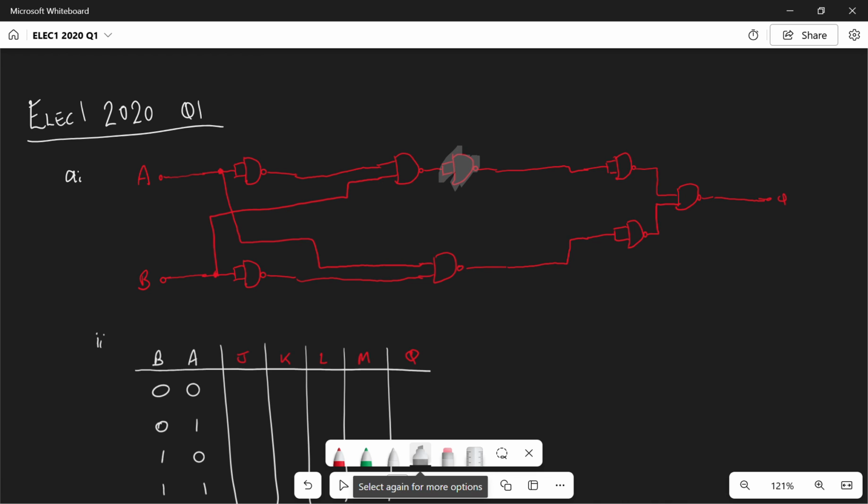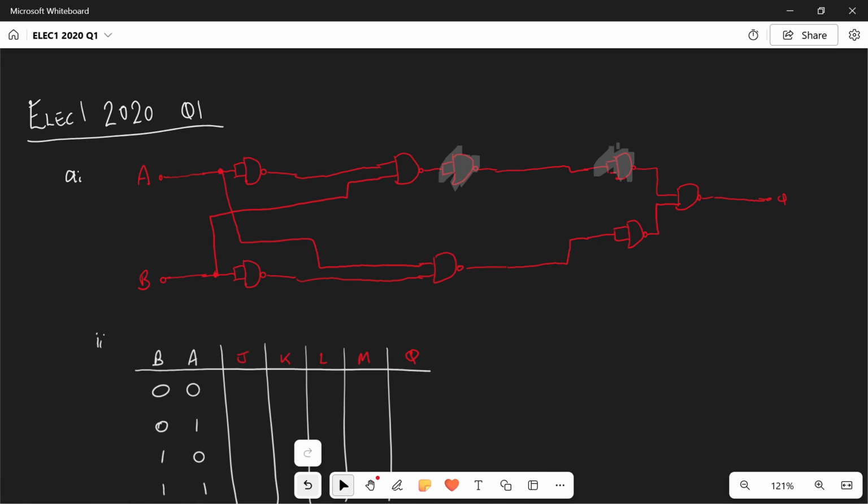Okay, so it's this one and this one. There's no other pair which are consecutive, one after the other. So what we're going to do is we're just going to highlight that these are redundant gates, and to do that, we're just going to put a single line through each one.